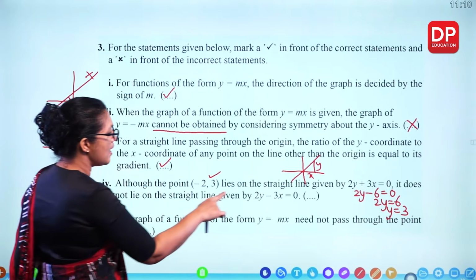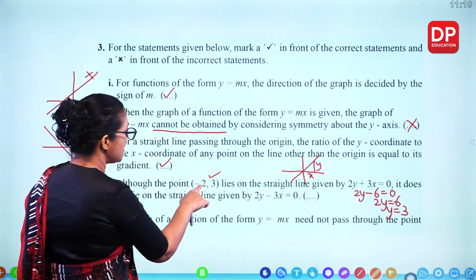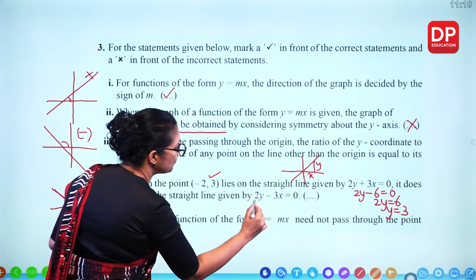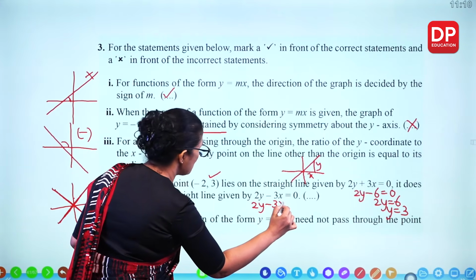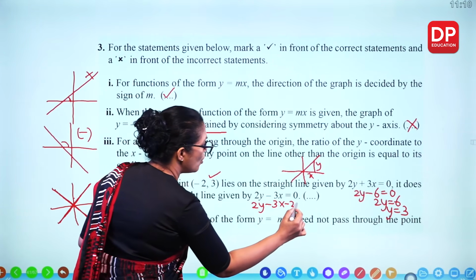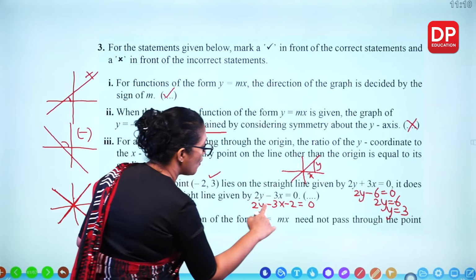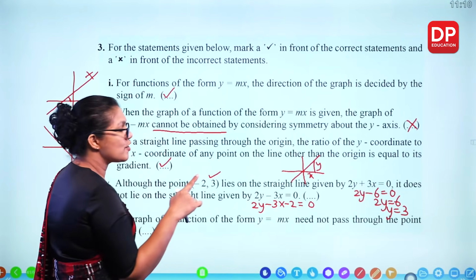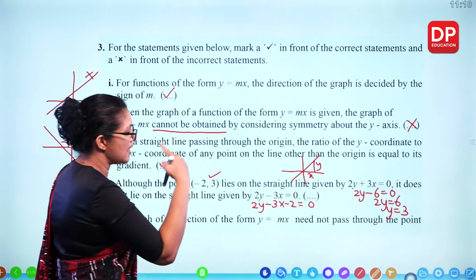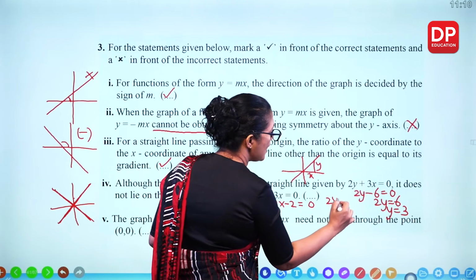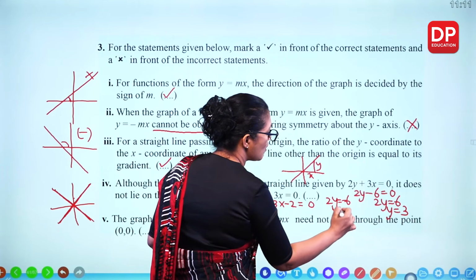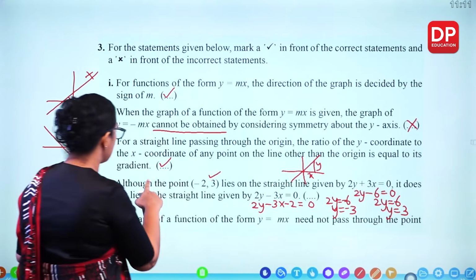Now we'll see when x equals minus 2 here, what happens? 3 times minus 2. What's the y value? 2y minus 3 times minus 2 is plus 6. When you take it to the other side, minus 6. 2y equals minus 6, y equals minus 3.